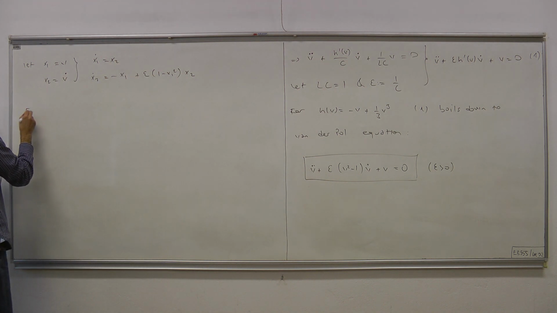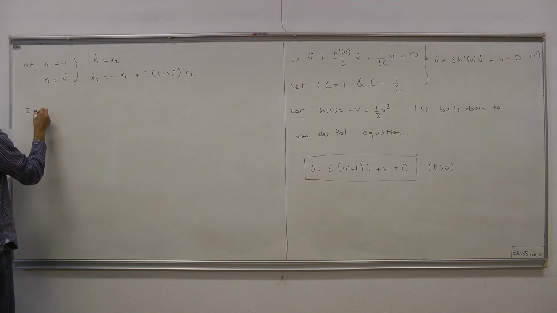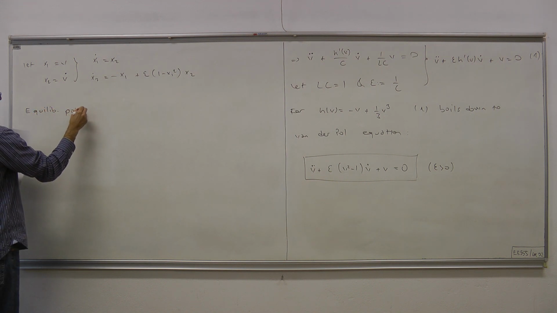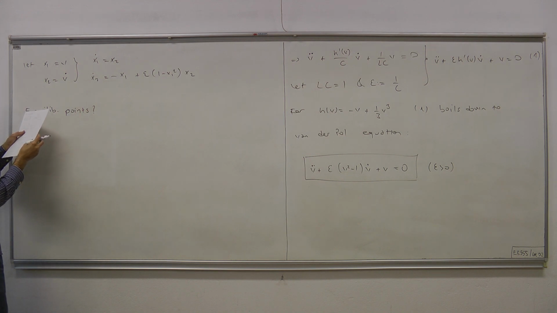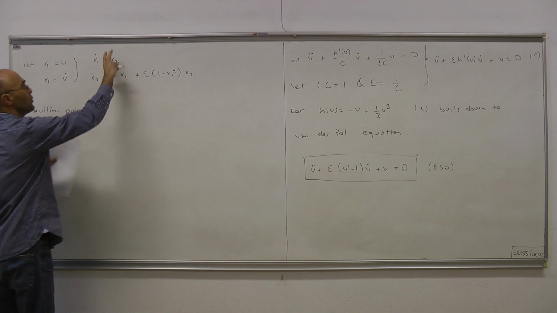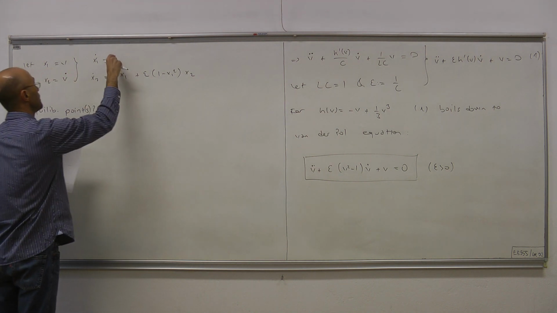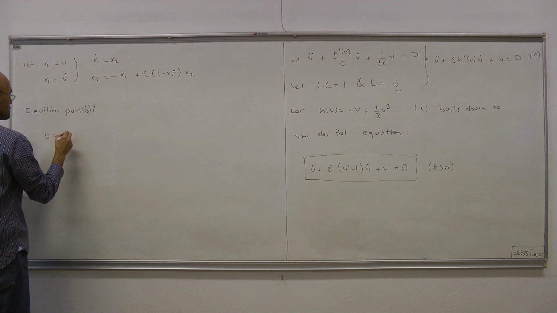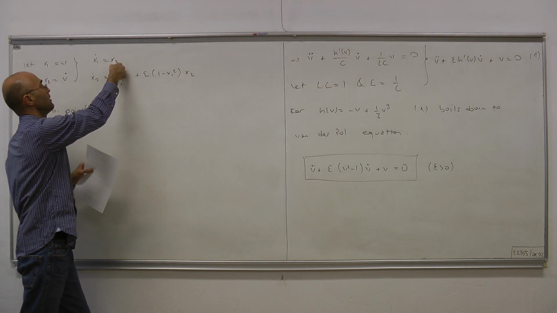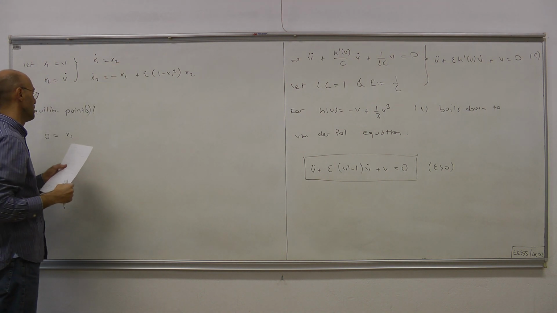Equilibrium points. What we do is we equate f of x to 0. So 0 equals x2 means that at any possible equilibrium, x2 must be 0.